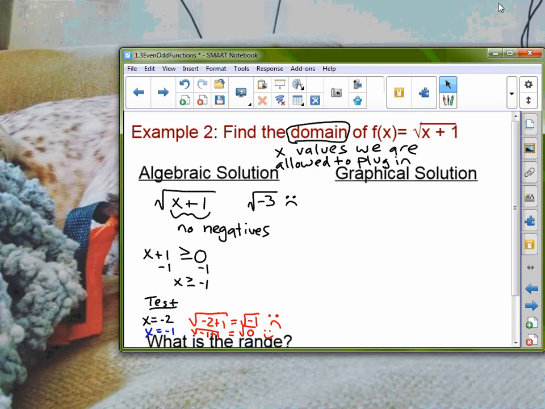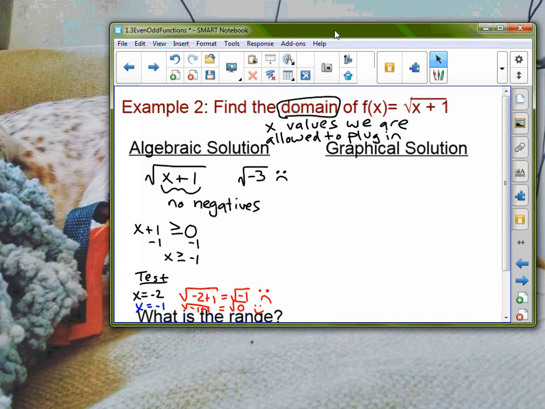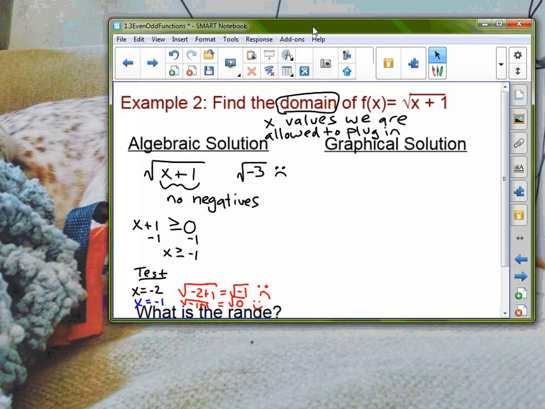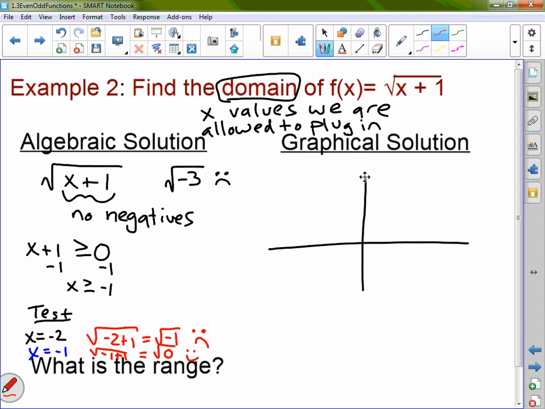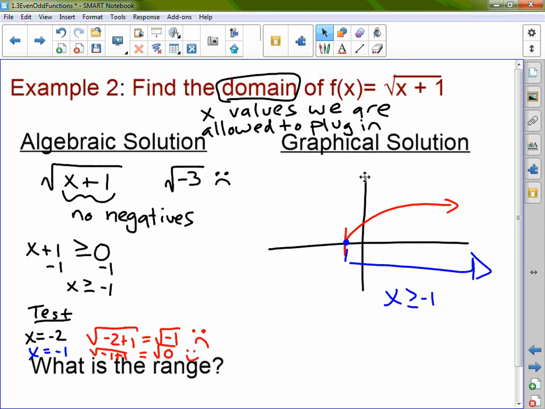If I was taking notes on that, I would, kind of like we did over there, show it like that and say that we started here and we can go forever. There's another notation for that we'll be looking at in the near future, but this is all we need today.